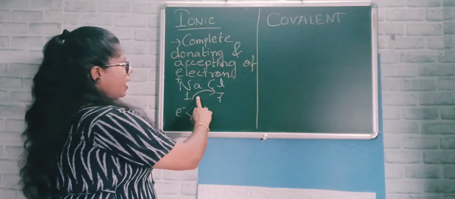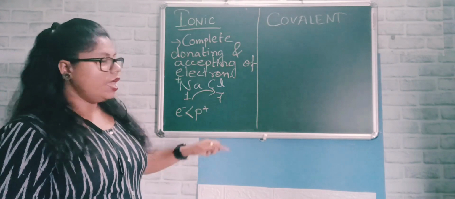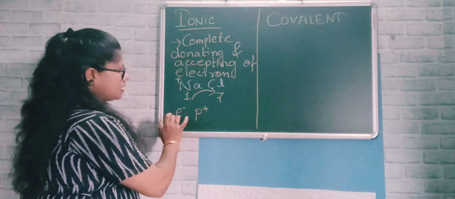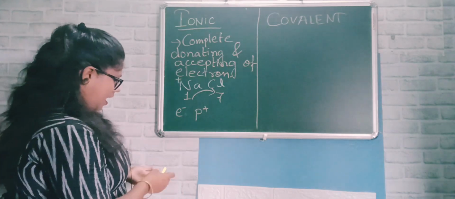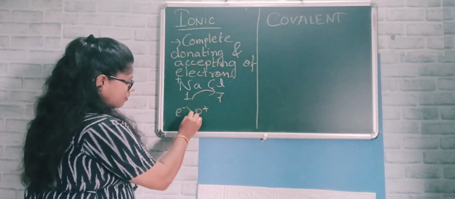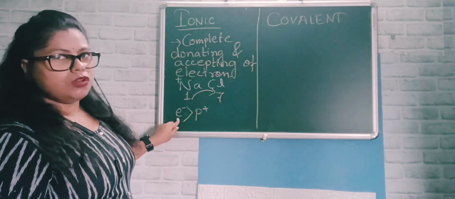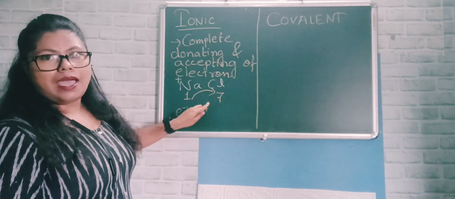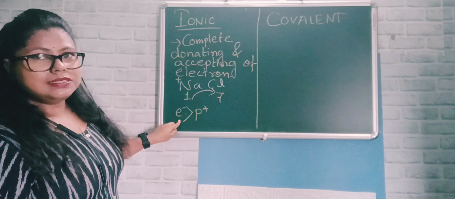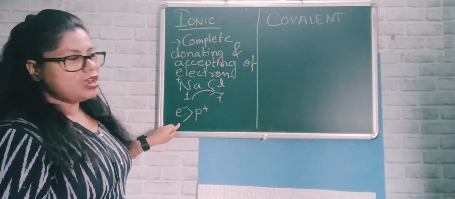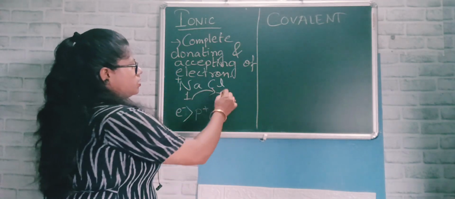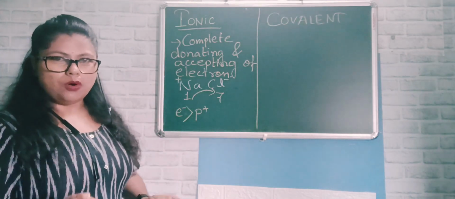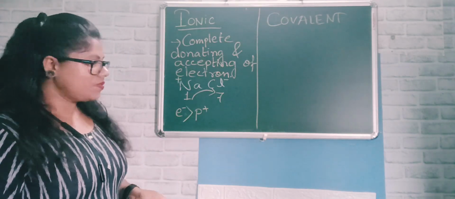Similarly, after accepting this electron, chlorine will develop one excess electron, so the number of electrons will be more than the number of protons for chlorine. As an electron is negative in charge, chlorine will develop a negative charge. I hope I can make you clear with this.